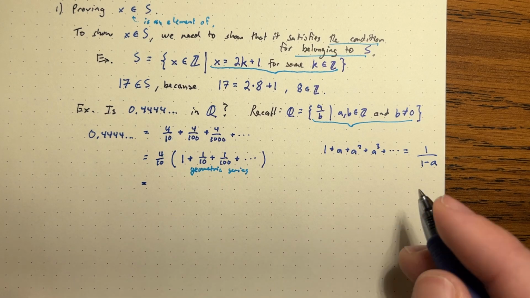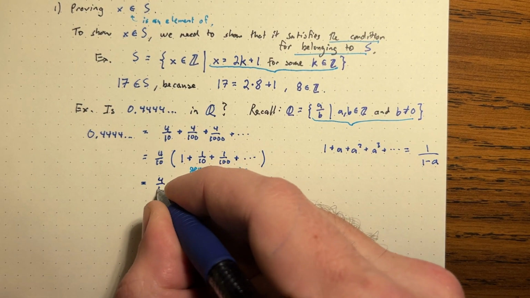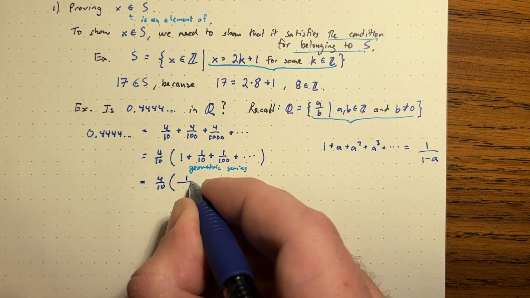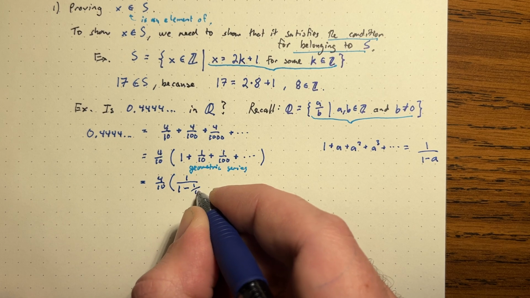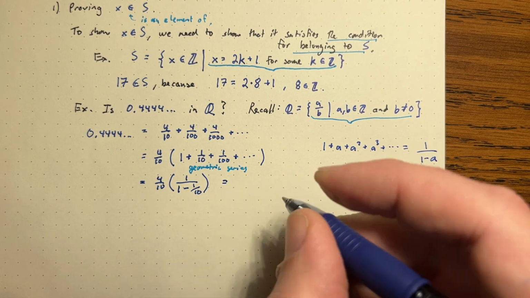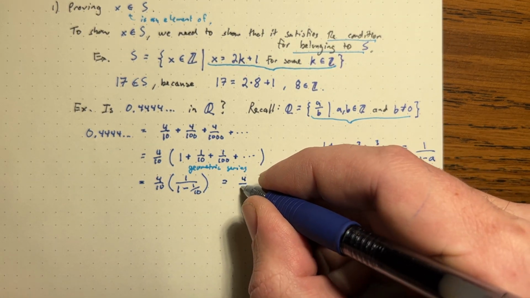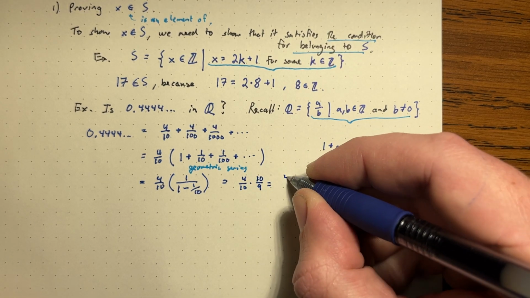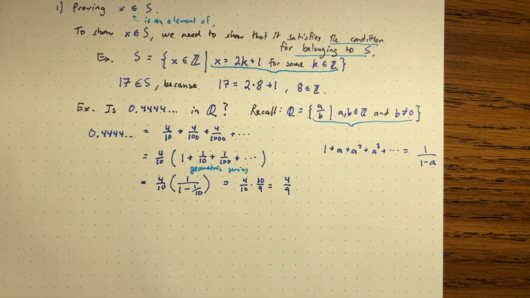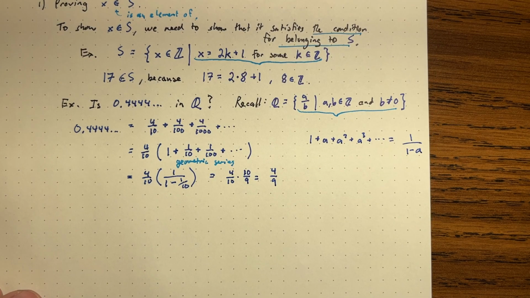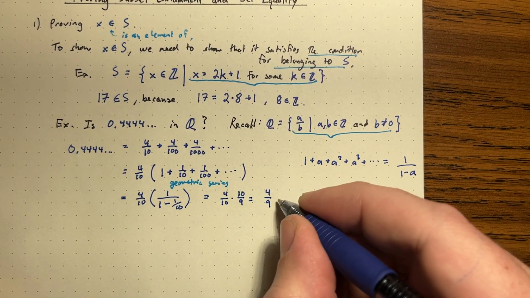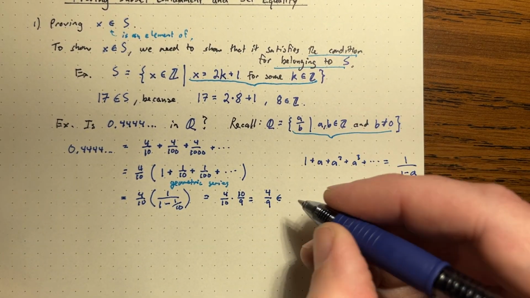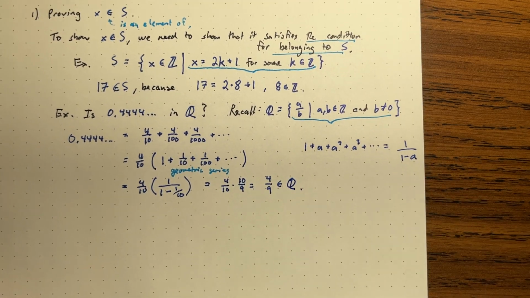But here it's 1/10, so we can use that formula. It's 1 over 1 minus 1/10, which is 1 over 9/10, so that's 10/9. And we have our fraction: 4/10 times 10/9 is 4/9. Now at this moment, it is clear that this is an element of the set Q.